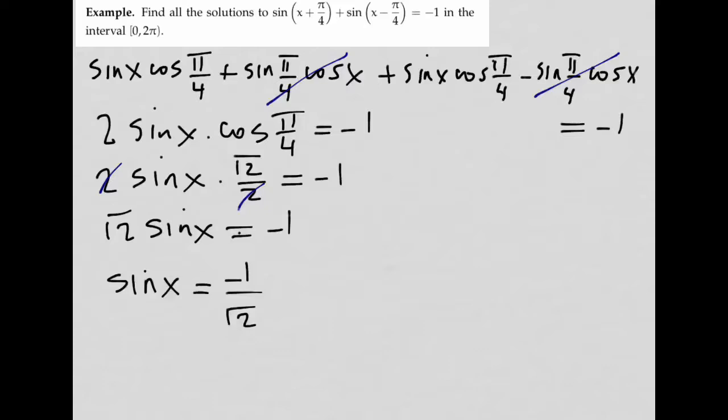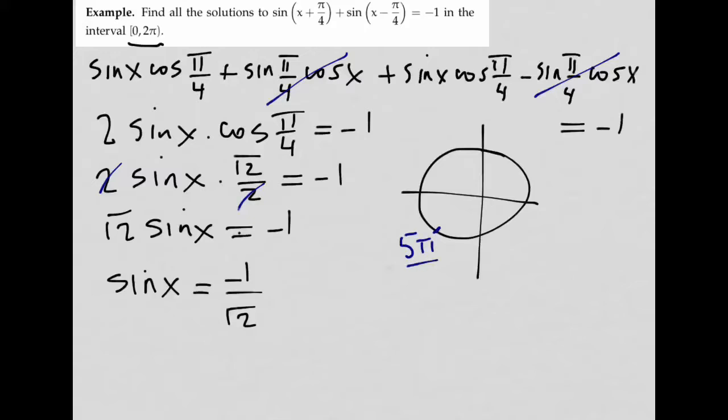We want all of the values of x for which sine x equals -1 over root 2, and only the values that lie in the half-open interval from 0 to 2 pi. If we look at the unit circle, there are two values that satisfy this equation. The first value is 5 pi over 4. Sine of 5 pi over 4 is -1 over root 2.